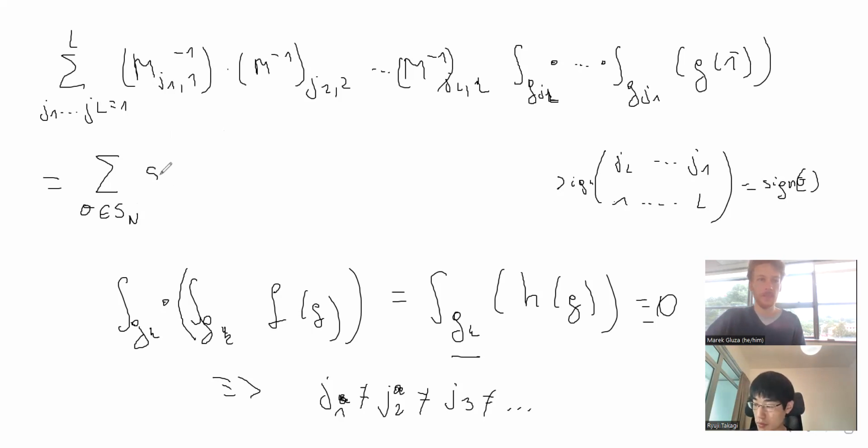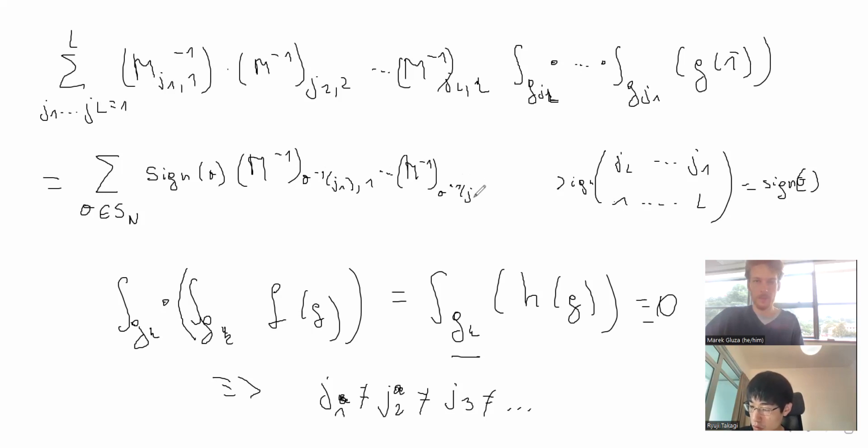So reshuffling the integrals to be correctly reshuffled gives me sigma. Then I have M minus 1 and the inverse image of J1, comma 1 until M minus 1 inverse image of sigma JL, comma L. Sorry, I will remove this.